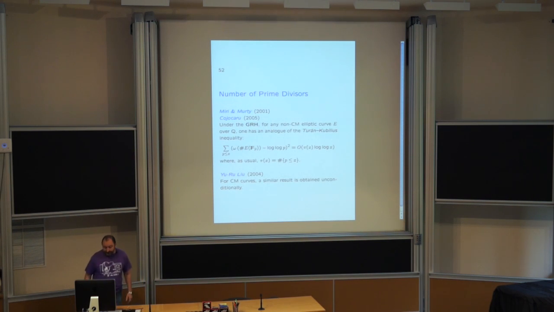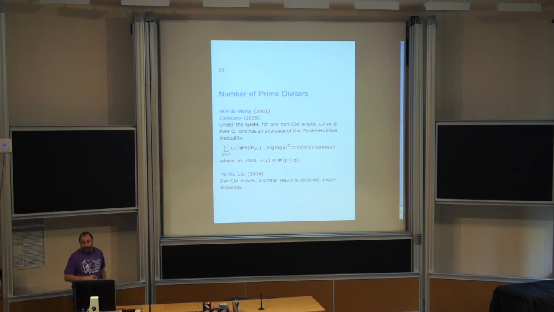Certainly, you can ask a question about a typical behavior of the number of prime divisors. And here, under the GRH, we have a result which actually tells us everything we wish to know, namely the result which says that if you have a non-CM curve, then under the GRH, the typical number of prime divisors is close to what it should be for a random integer.